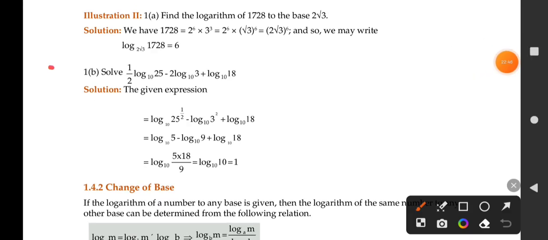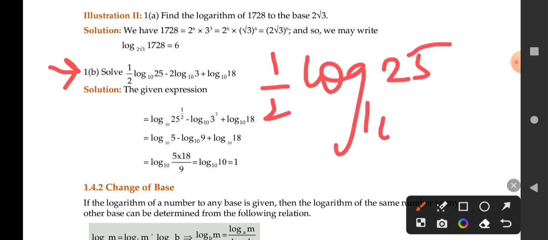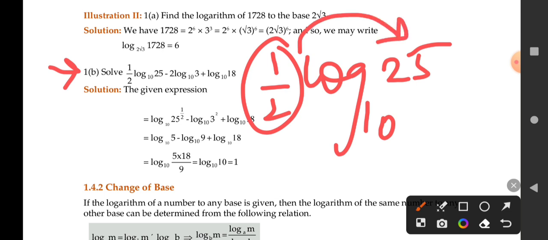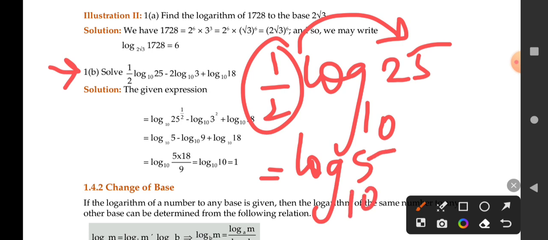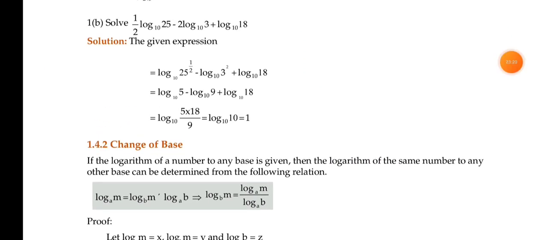Question number 1b. We have half log 25 to the base 10. So again now we can transform, take this inside. So square root of 25 is 5 to the base 10. Okay, so alright, this is the full equation. Hold on, let me solve it again. Okay. So what do we have?